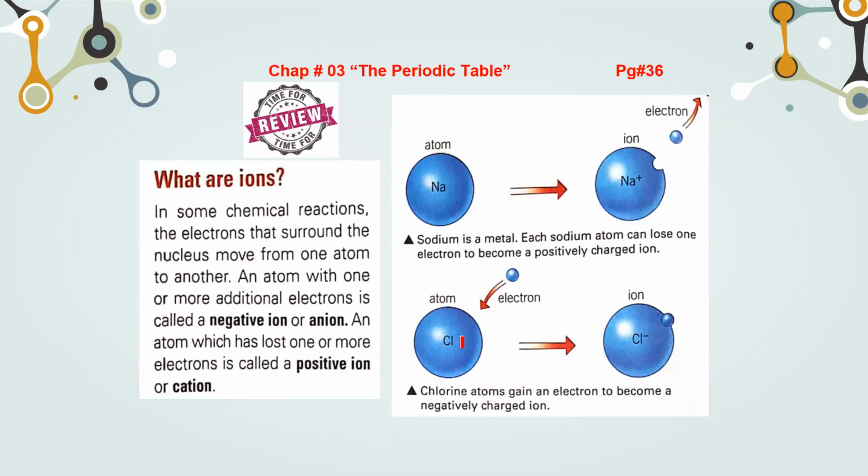So the charge on chlorine will appear negative, and that is why it is called an anion. Okay, so sodium becomes a positive charge ion, also called a cation, and chlorine becomes a negative charge ion, also called an anion.